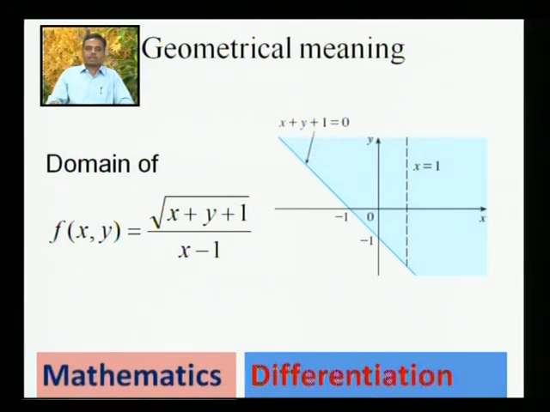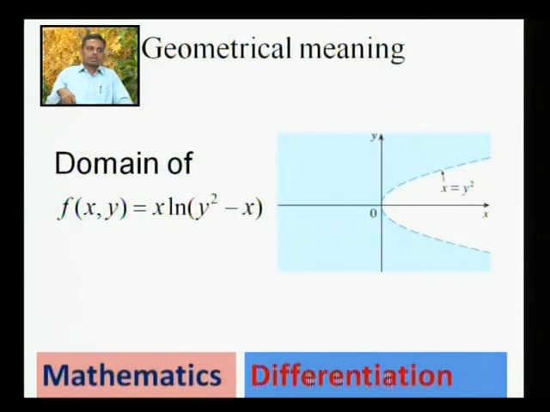So you can see x equals 1, a vertical line parallel to the y axis, we have excluded. And in the function square root of (x plus y plus 1), because of the square root it is defined for non-negative values, so the sloping line x plus y plus 1 equals 0, the domain is the right hand side of that sloping line.